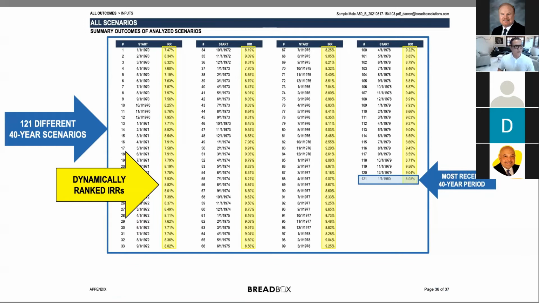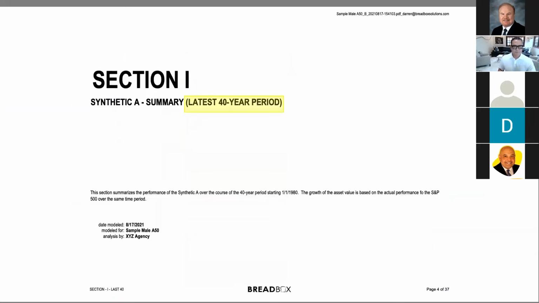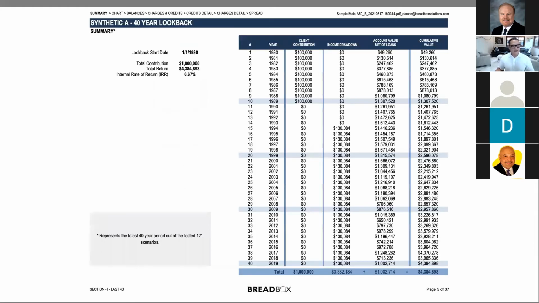What we're going to start off looking at is the most recent 40-year period. Okay, so this is the latest 40-year period. It consolidates everything into a nice, easy to follow sheet here, and then we'll dig into the details in just a second. So the simple version here, again, starts off on January 1st, 1980.